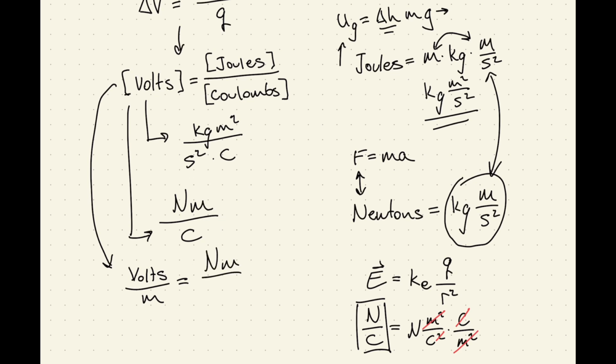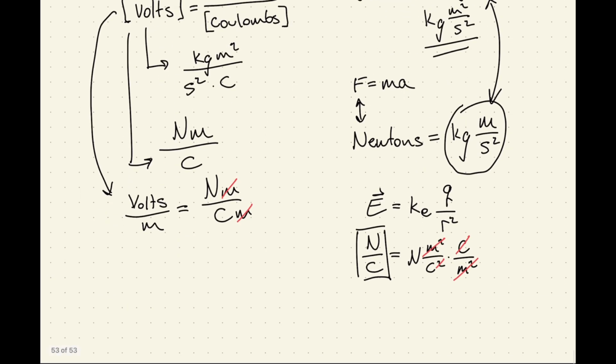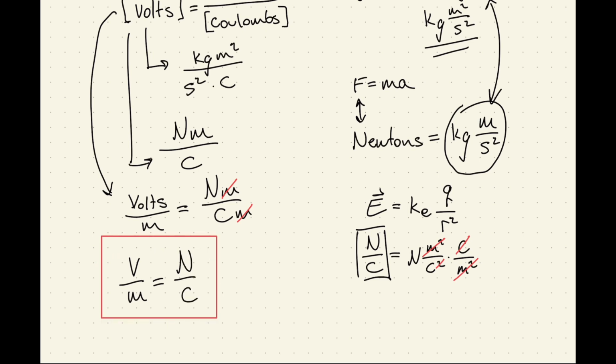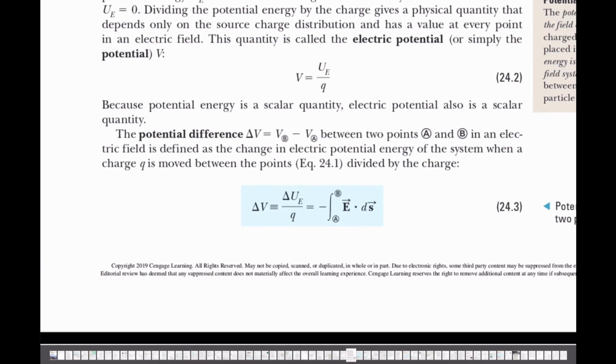Newton meters per coulomb, and then we have another meter down here because I'm just creating this new unit, volts per meter. These meters cancel, and what we get is volts per meter is equal to newtons per coulomb. So this is one way of talking about the electric field that is also introduced in the book.